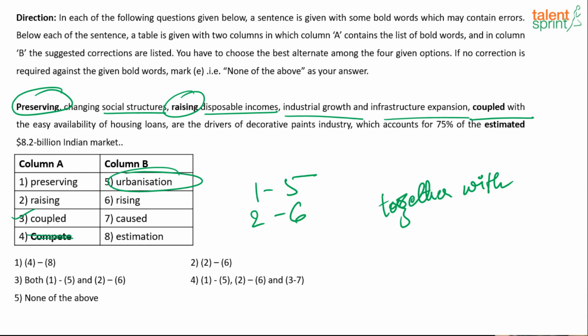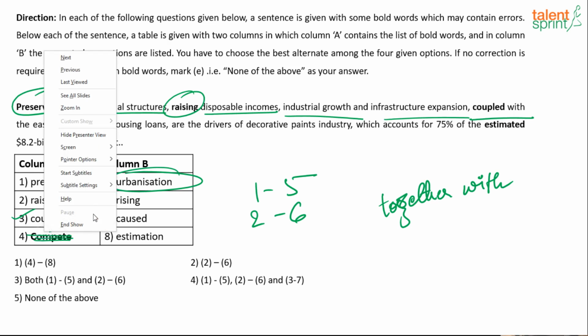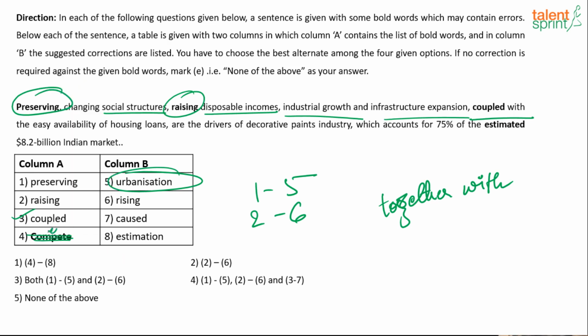This is definitely an error. It should be estimated. Account for 75% of the estimated. So should it be estimation?